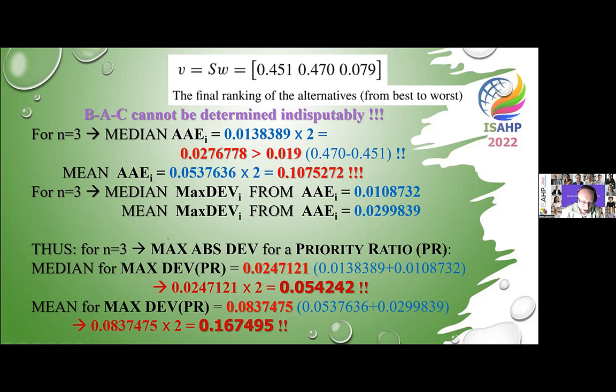I also calculated on that basis the maximal absolute deviation for a priority ratio, as the median and mean value of these measures. And as you can see, these are like 0.05 or 0.16.